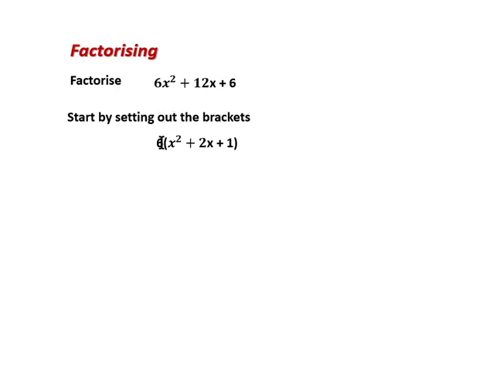We could take out 6, and that's a factor, because 6 multiplied by this lot, that's factorizing it. We need to go further. There is another way of doing this, by the way, which I'm alluding to. So set out the brackets. Now the factors of x squared, well, x and x gives us x squared.